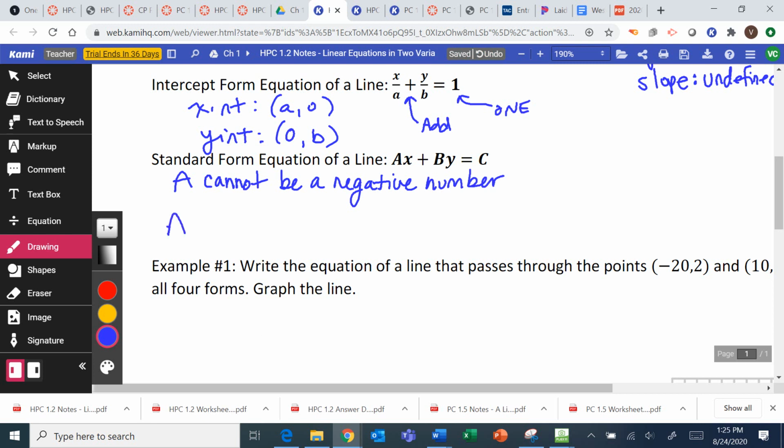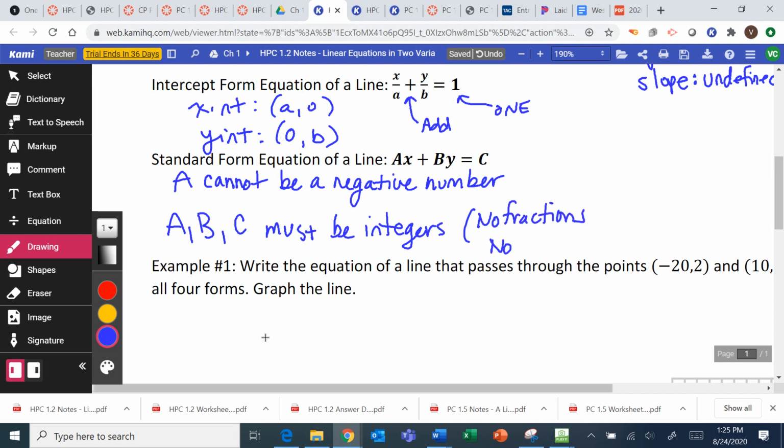Another rule is A, B, and C must be integers. What does integers mean? That means we don't have fractions, no decimals, no square roots, just integers.